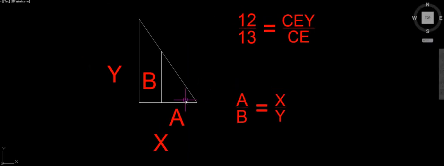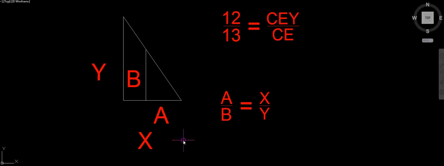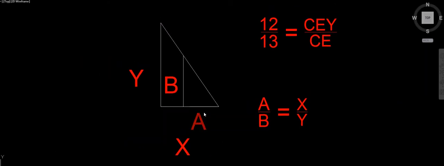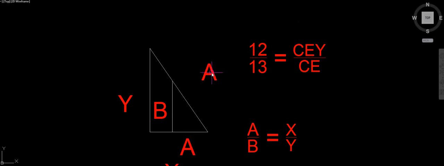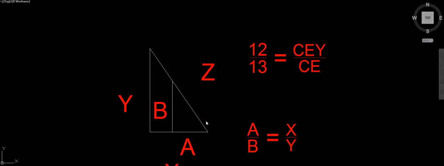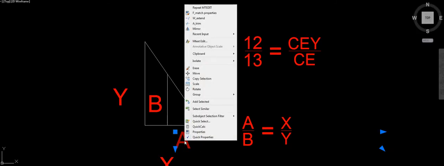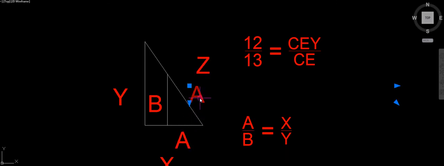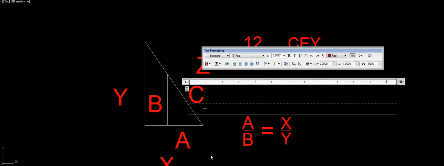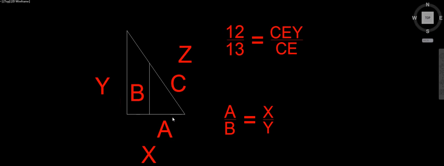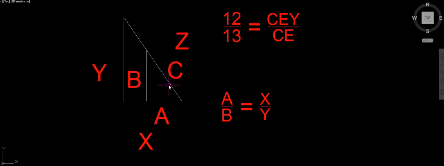And you can check it for yourself. It actually works out. Now, if I add the third side of the triangle, let's call this side Z, and the hypotenuse of the smaller triangle C. So remember, the Z goes with the larger triangle, and the C goes with the smaller triangle.